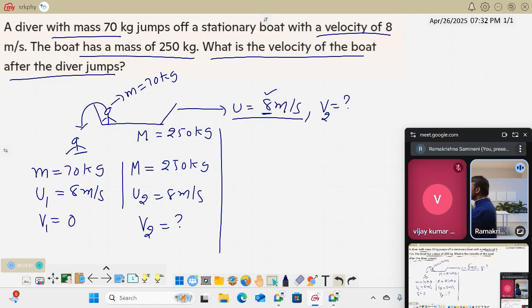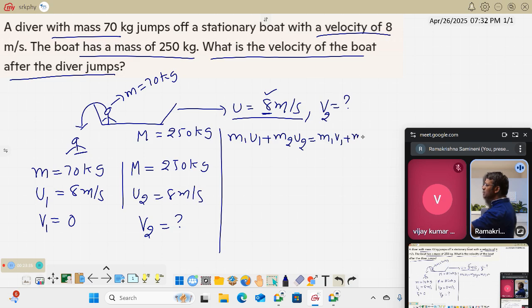So in this case, take the formula: m1u1 plus m2u2 is equal to m1v1 plus m2v2. Substitute the values here. What is m1? 70 into what is u1? 8, plus what is m2? That is 250 into what is u2?